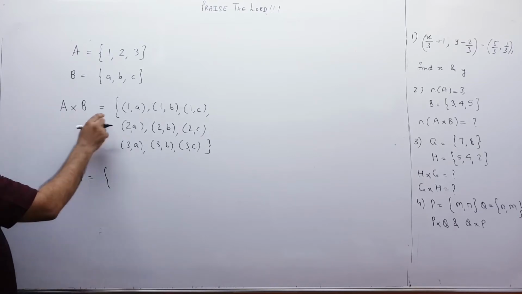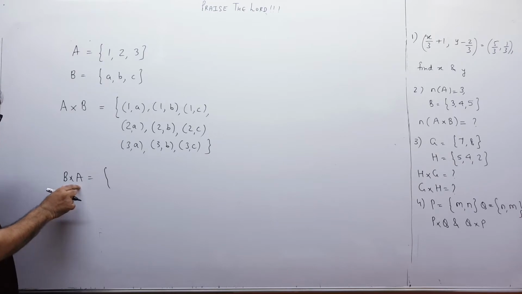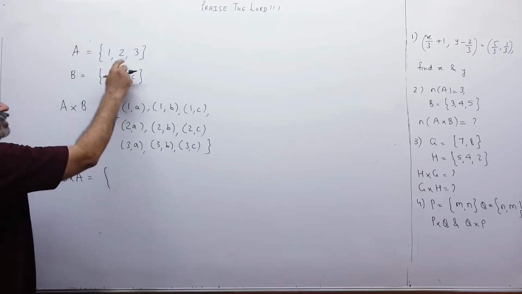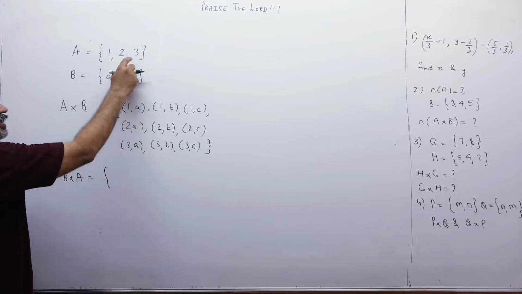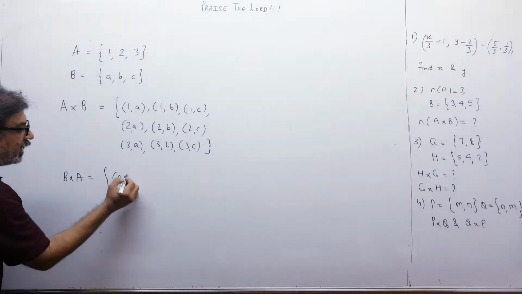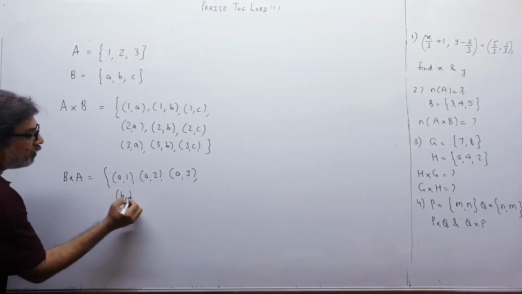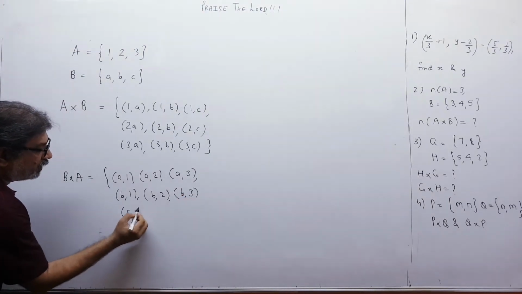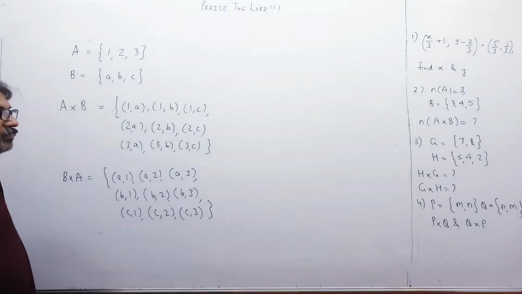When I write A cross B, in the ordered pair the first element should come from A, the second from B. When I write B cross A, then in every ordered pair the first element will come from B, the second from A. So (a, 1), (a, 2), (a, 3), then (b, 1), (b, 2), (b, 3), then (c, 1), (c, 2), (c, 3), this way.